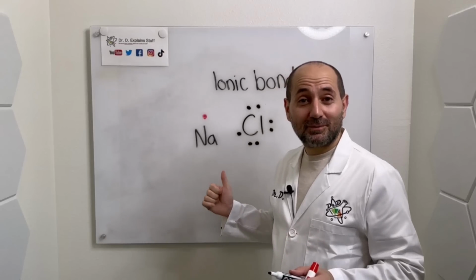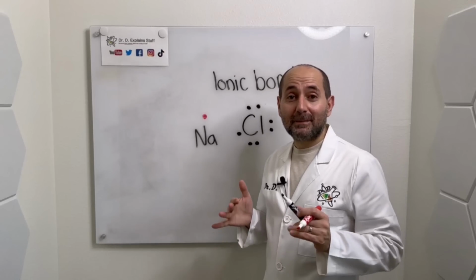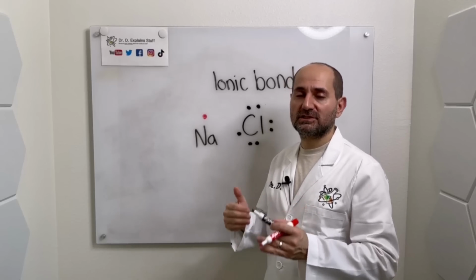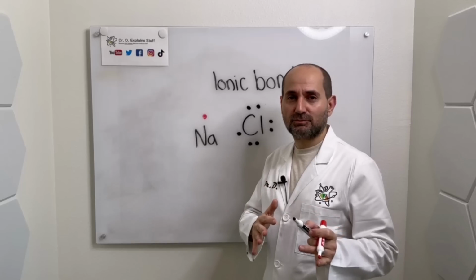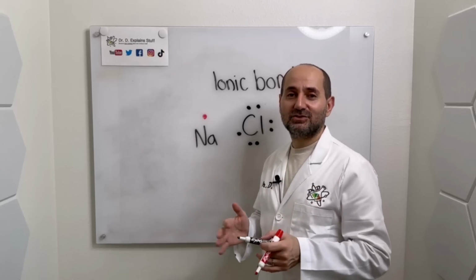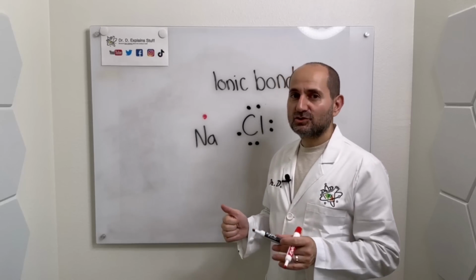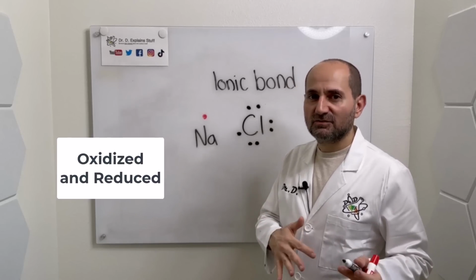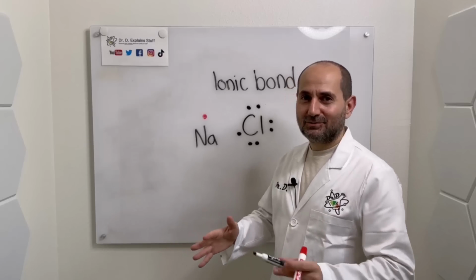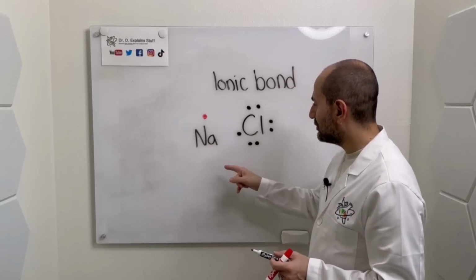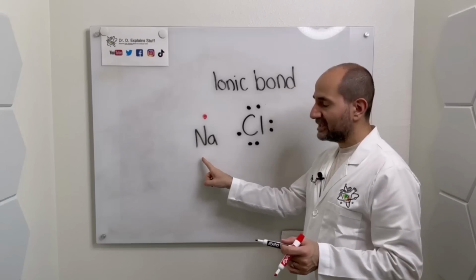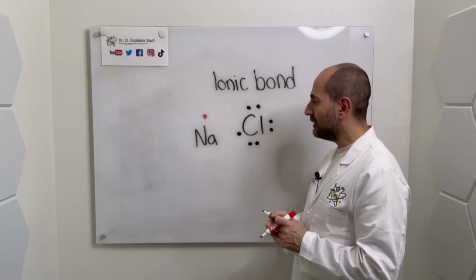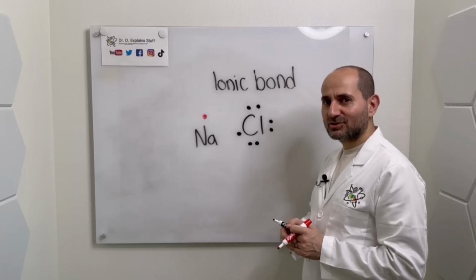Before we move on from ionic bonds, I want to introduce some important terminology that's going to help you so much when we're talking about cellular respiration in a later chapter, and that is the terms oxidized and reduced. Oxidation versus reduction. Bear with me. Do you remember what happened when the sodium atom met the chlorine atom? Did they share electrons?